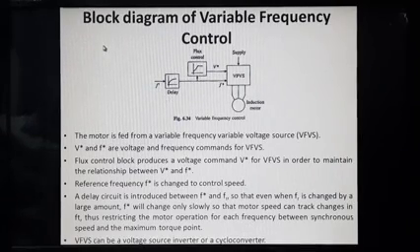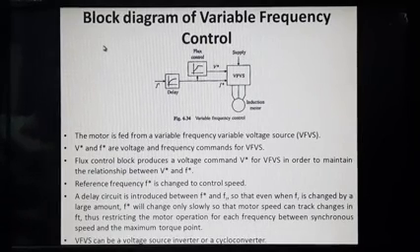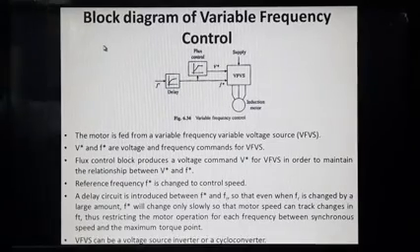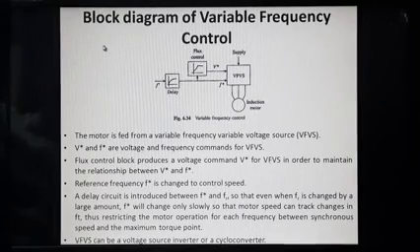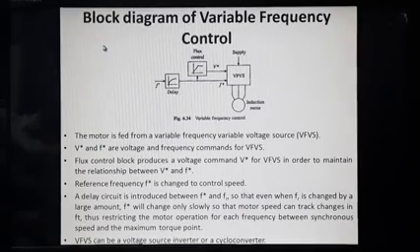So correspondingly, you have to reduce the value of voltage from the rated value. This flux control block is there to ensure that the voltage value is reduced so as to maintain the V by F ratio constant.